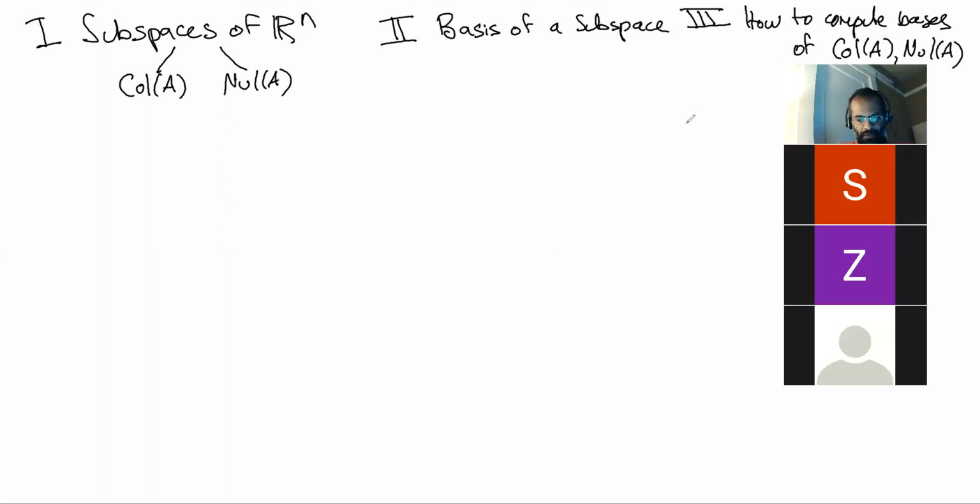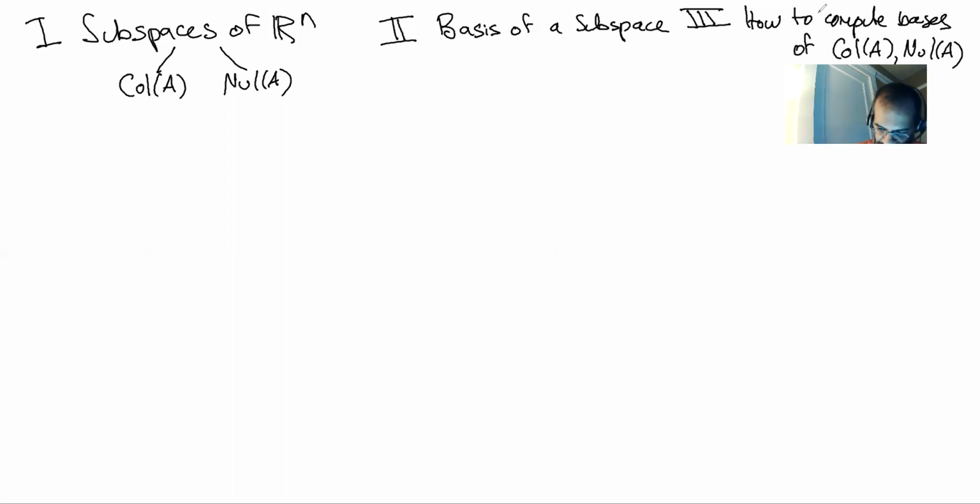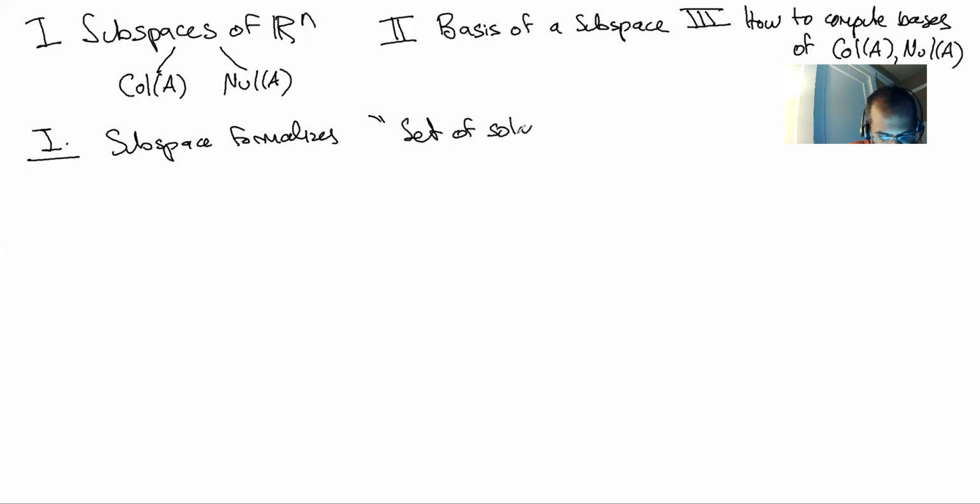Okay. So let's get started with subspaces. The motivation is you want to formalize some concepts we've been talking about informally already for a while. We've been saying things like, the set of solutions of Ax equals 0 is a plane through the origin.